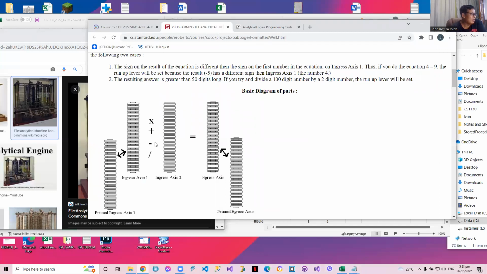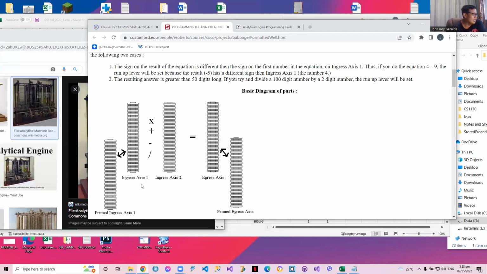Now, Charles Babbage attempted to use a prime ingress axis because during division, he wants to make use of a large numerator, such that he will be able to divide a 100-digit number by a 50-digit number.